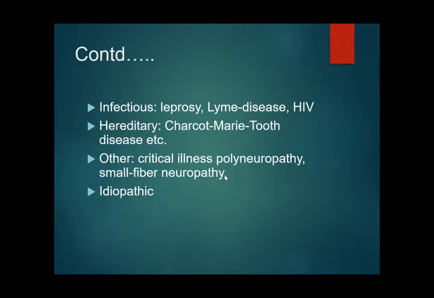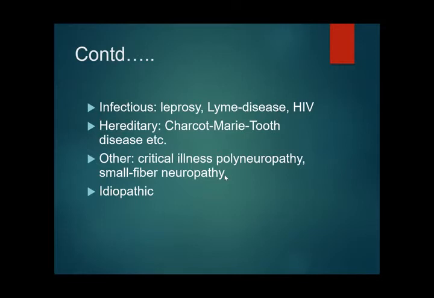This usually develops in patients who have been on ventilatory support with sepsis and multi-organ failure, and there are multiple factors which are leading to neuropathy, and this is called critical illness neuropathy. Then we have small fiber neuropathy, as I've already told you, manifesting with sensory symptoms. And then we have a certain percentage, like 30% of the patients, in whom no cause of the neuropathy is found, and they fall in the category of idiopathic.